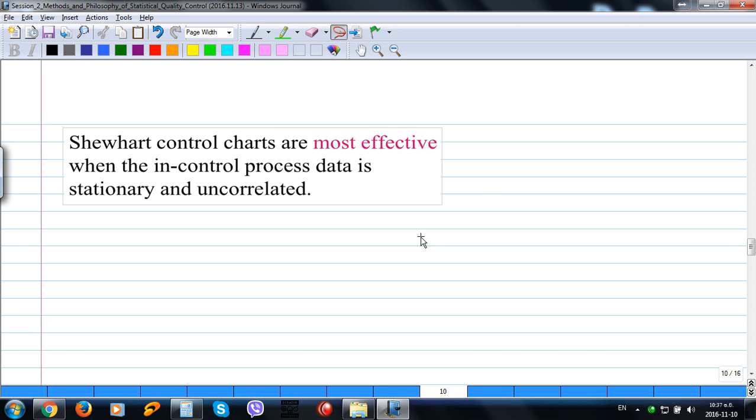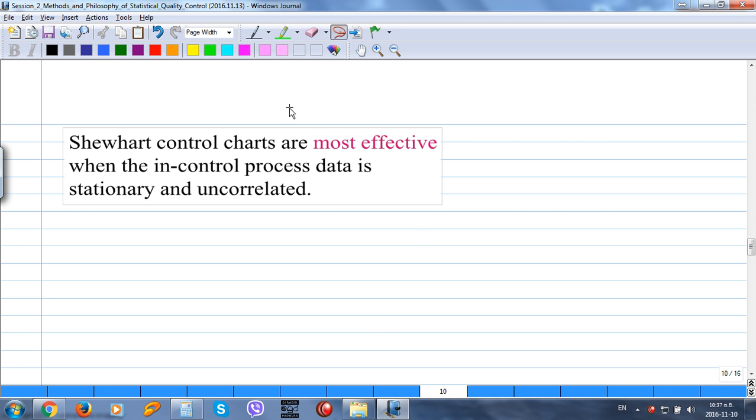Then we are going to talk about the Shewhart control charts. They are most effective when the in control process data are stationary and uncorrelated.